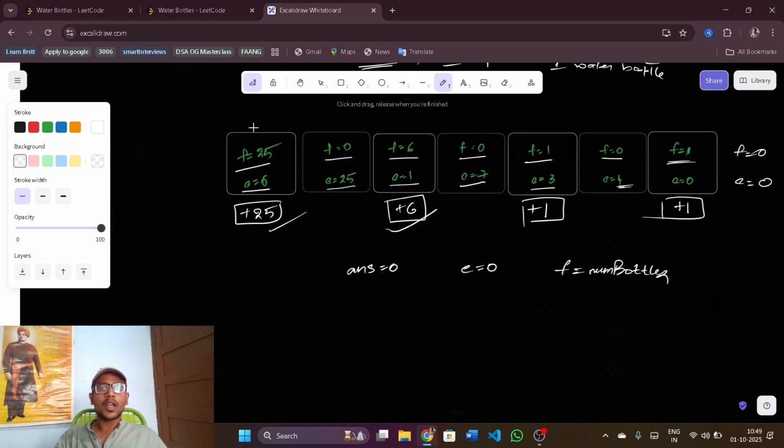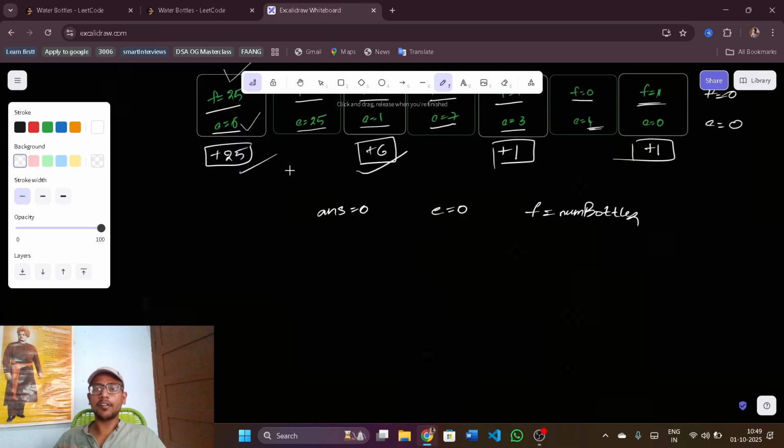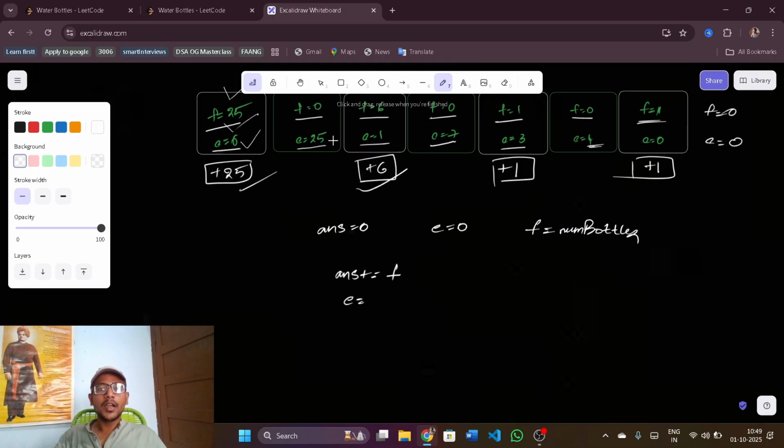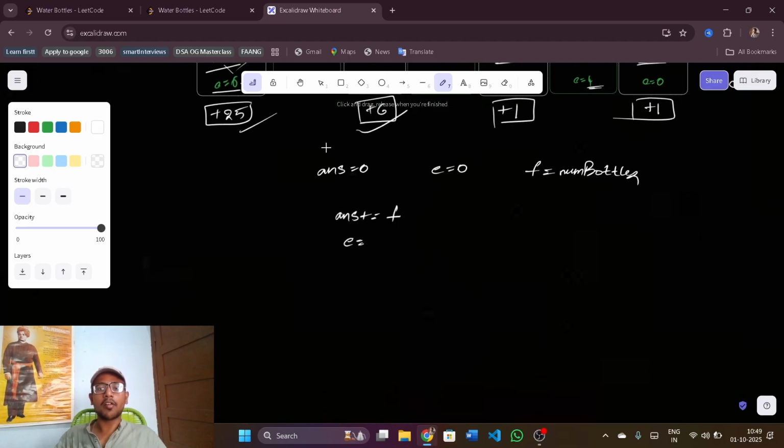First, F is 25 and E is 0. That means filled are the given num bottles and empty is 0. That's what I initialized. But I will add answer plus equals F. Why? Because I am adding the given num bottles to my answer as I drink all of those water bottles. And how many are empty here? Here empty has become 25. So E is equal to F.